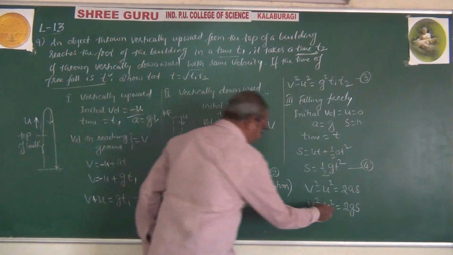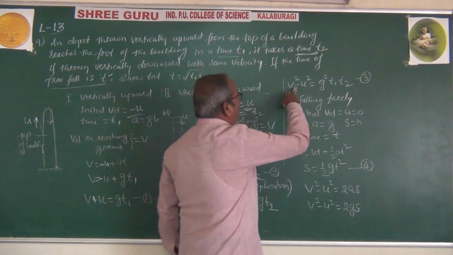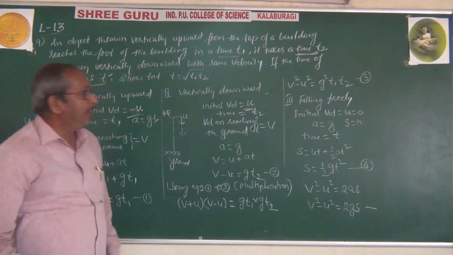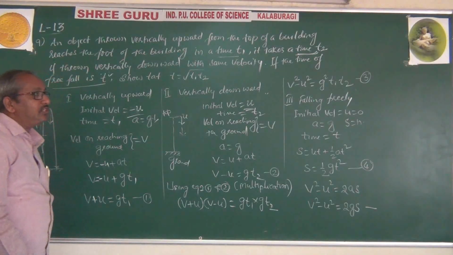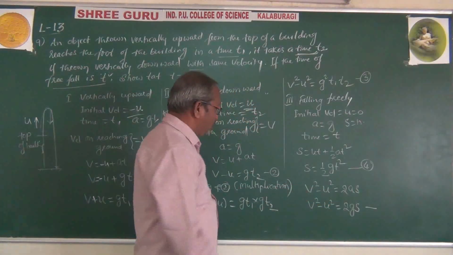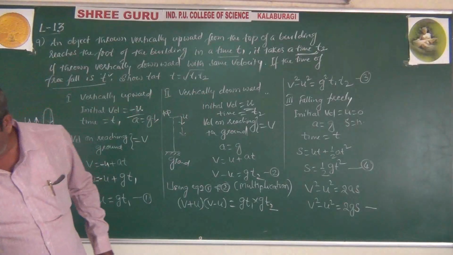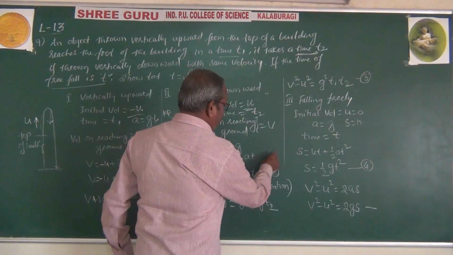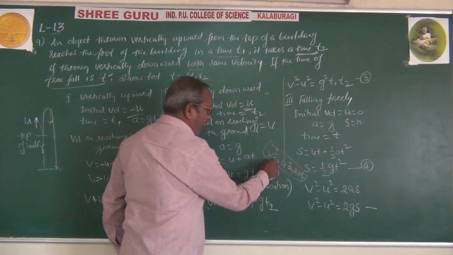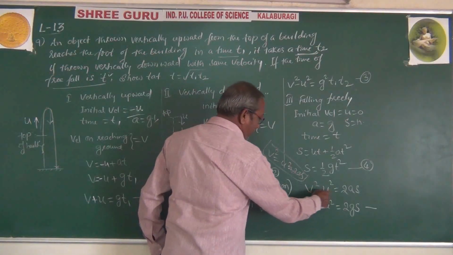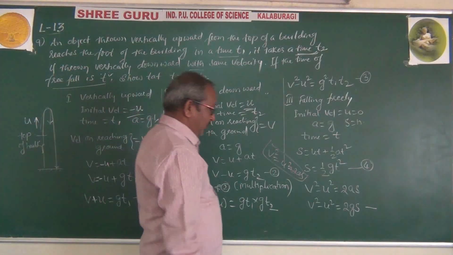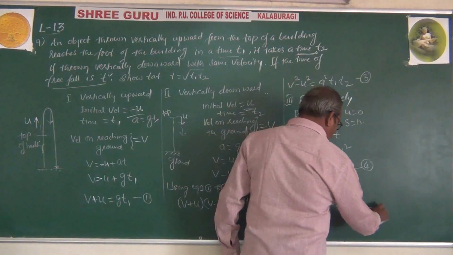But here we also have v square minus u square equals g square into t1 t2, because one more equation is added here. So the equation v square equals u square plus 2as, with u equal to minus u, gives v square minus u square equals 2gs. This is the fifth equation.